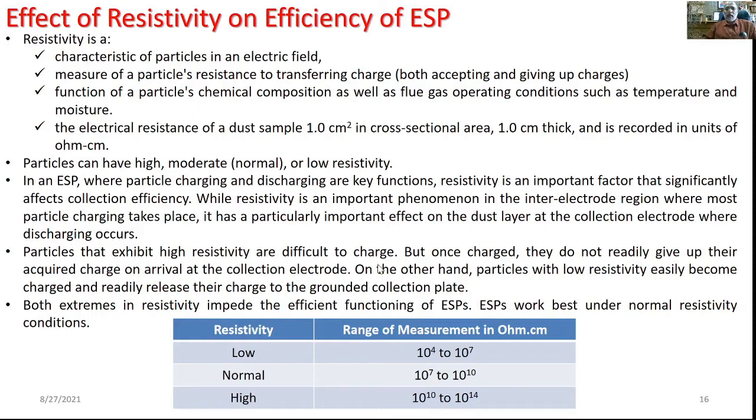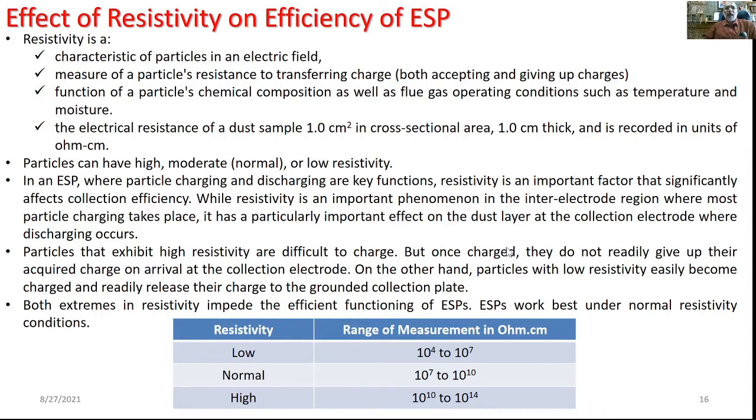Whereas the particles with low resistivity easily become charged and readily release their charge to the grounded collection plate. Both extremes, high resistivity and low resistivity, interfere with the efficient functioning of the ESPs.